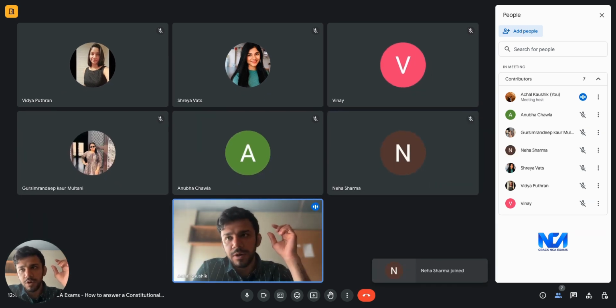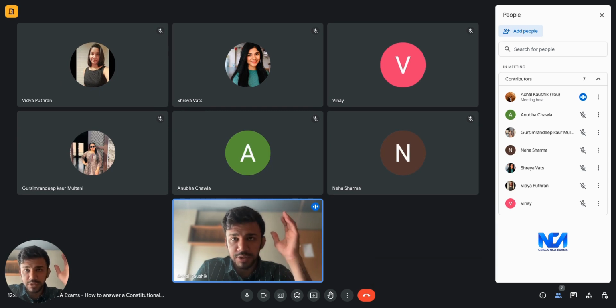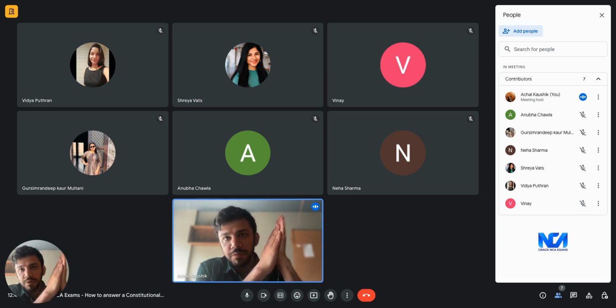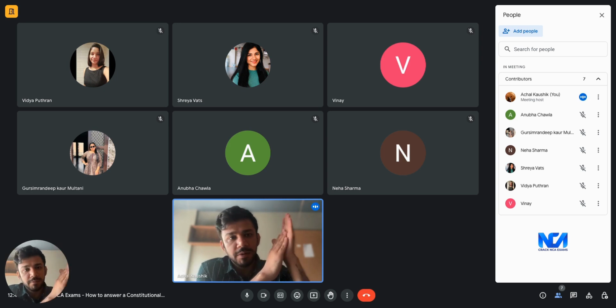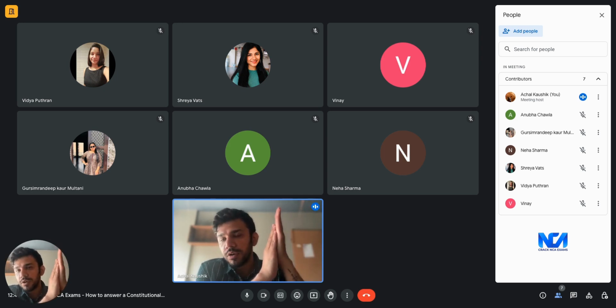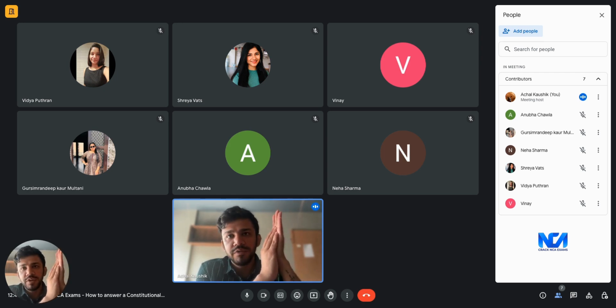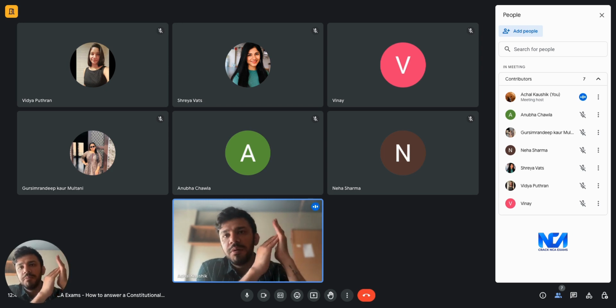So the constitutional law paper starts with a charter question, and the summary of this question is that there would be a body, public or private, or a private body working through a public action or public power, and there will be a situation where they have breached one of your charter rights, or maybe more than one.